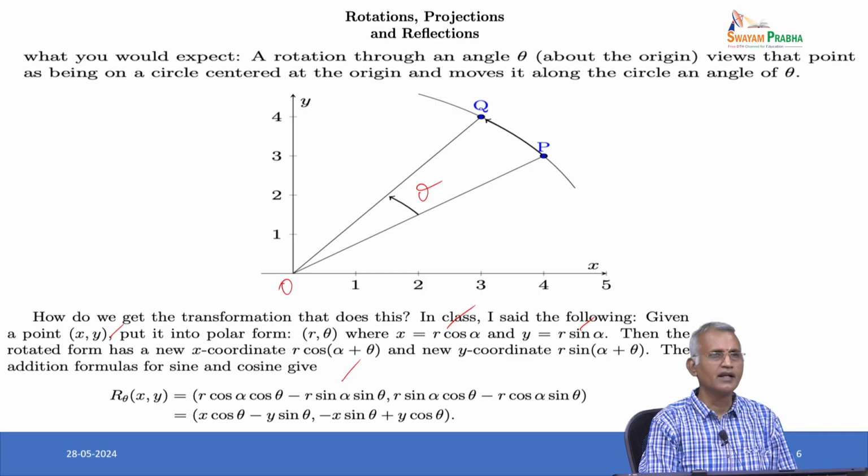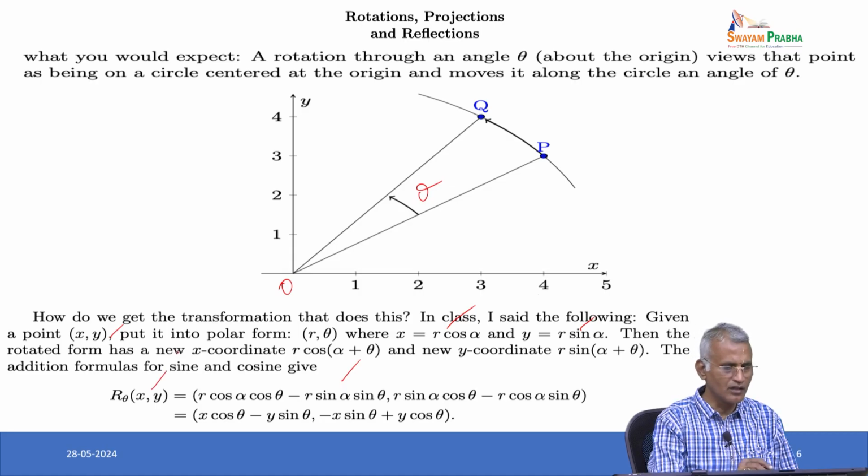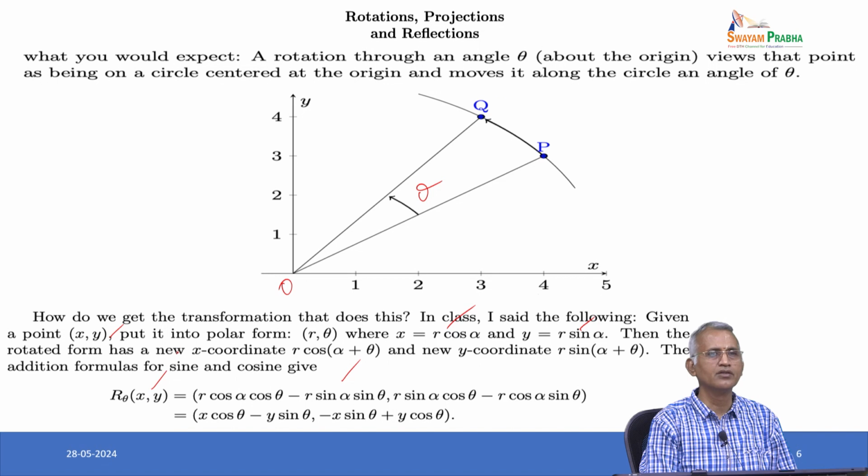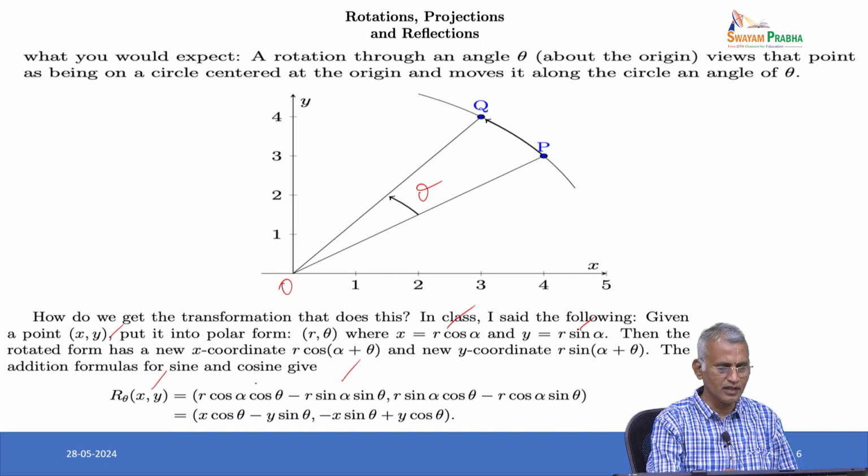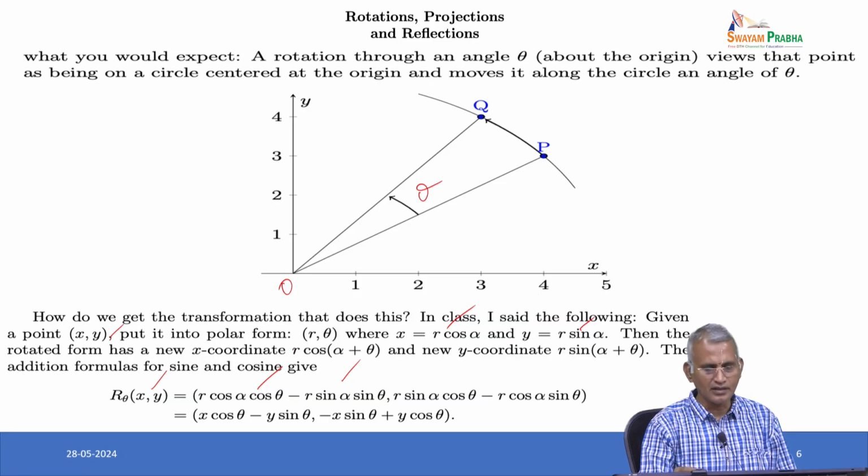So, the addition formulas for sin and cosine give R theta of x comma y: r cos alpha cos theta minus r sin alpha sin theta for the x coordinate, and r sin alpha cos theta plus r cos alpha sin theta for the y coordinate.